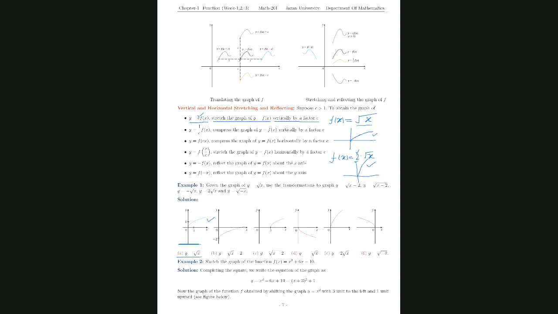The graph will stretch vertically by a factor of c. If we multiply by 2, or multiply by 3, then the graph will stretch upside like that. This side stretches by a factor of 2.